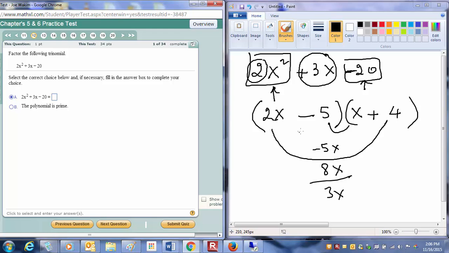And the answer would be 2x minus 5, x plus 4, or the order is not important. You can start with x plus 4 times 2x minus 5. Keep checking, making sure this is right. 2x times x is 2x squared. And 2x times 4 is 8x, minus 5x is 3x, and negative 5 times 4, negative 20.